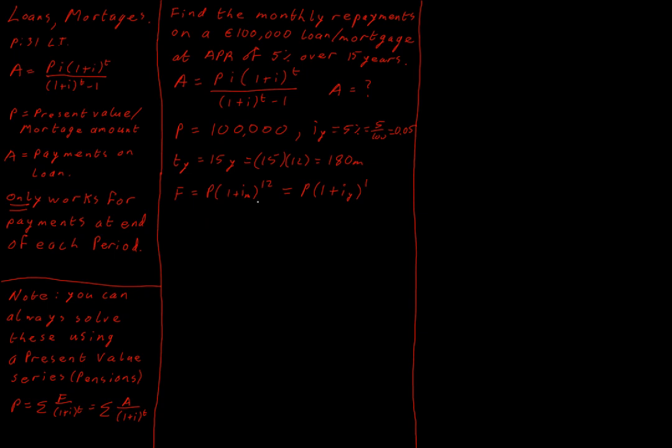Subbing in, so divide out your P's, your principals, because they don't matter in this case, it'll work out the same anyway. So I end up with (1 + I monthly), what I am looking for, to the power of 12 is equal to 1 plus my 0.05 to the power of 1.